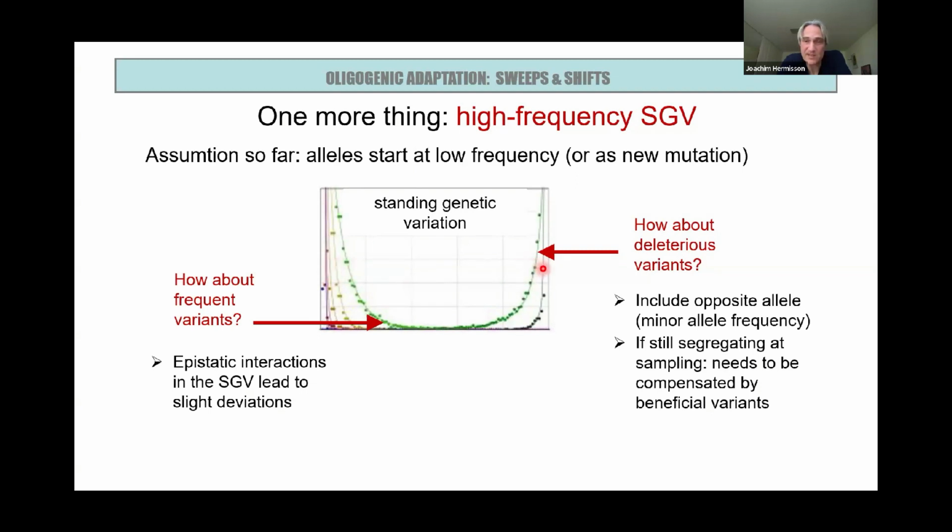And this is why I call them the deleterious variants. But if they still hang around, then this needs to be compensated by additional progress from this beneficial variant to reach our stopping condition, which is given by the mean rate hitting a threshold value.